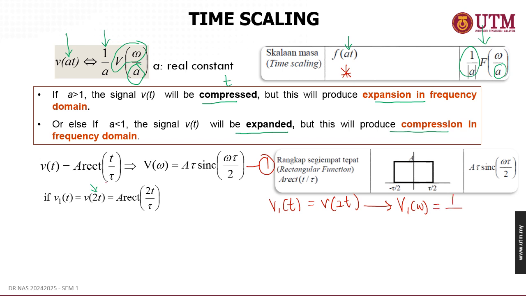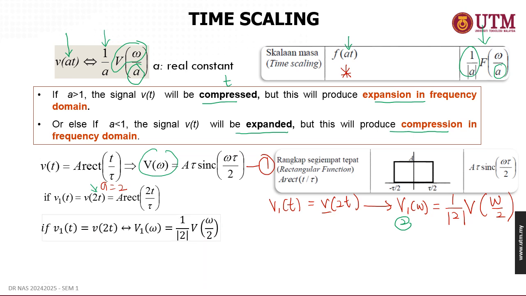In this case, a equals 2, so 1 over 2, V of omega over a, which is omega over 2. What is V omega? V omega is from the original signal. So this is your V omega. We call this equation 2, so you need to substitute 1 into 2.